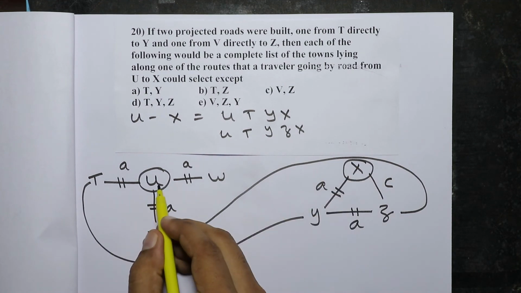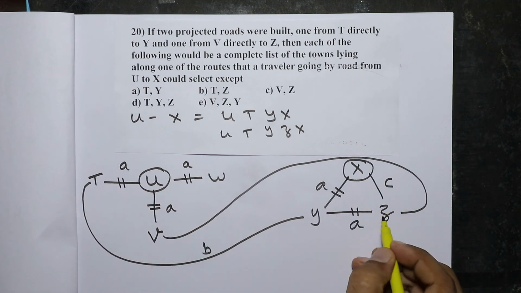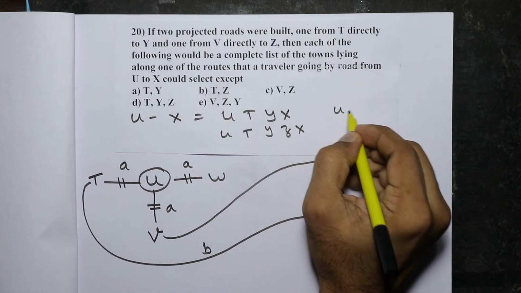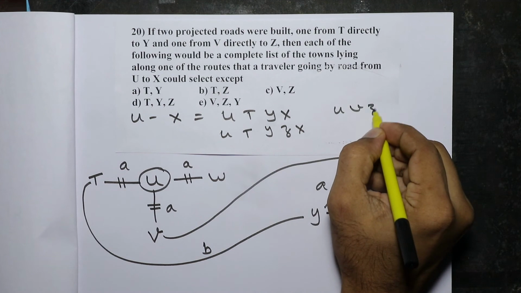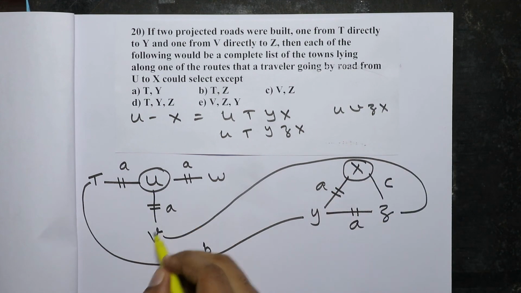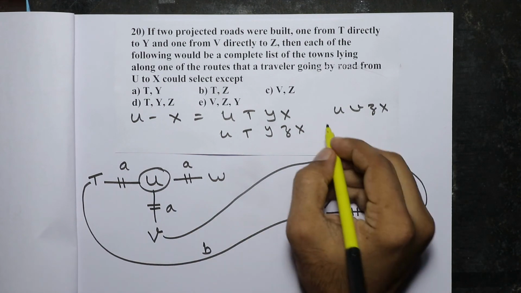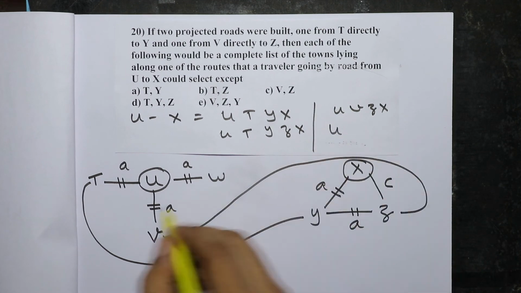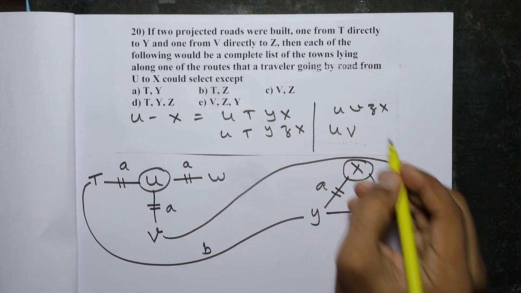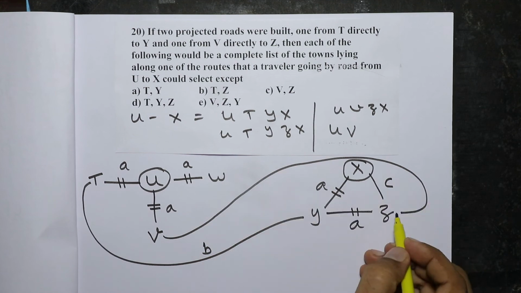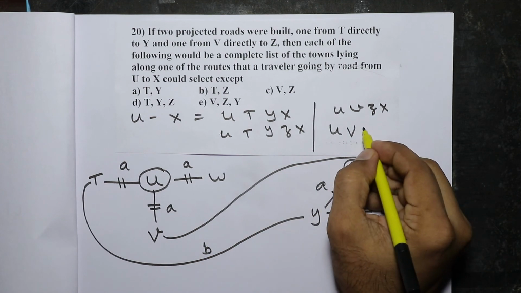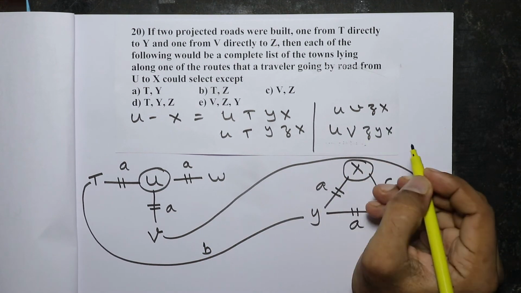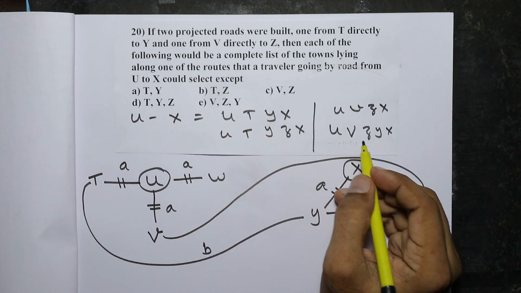We can go from U, V, Z and X. Then you can go from U, V, from V to Z, Y and X. So these are the four possible routes.